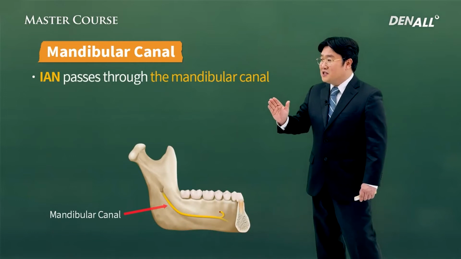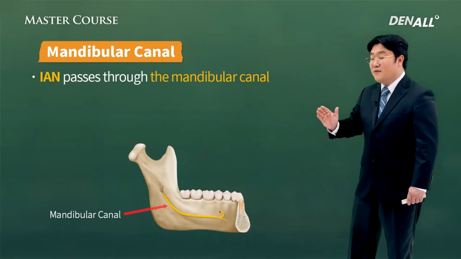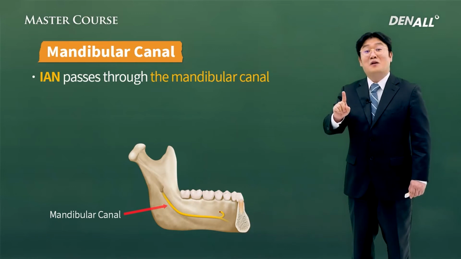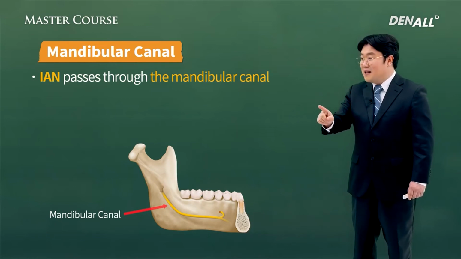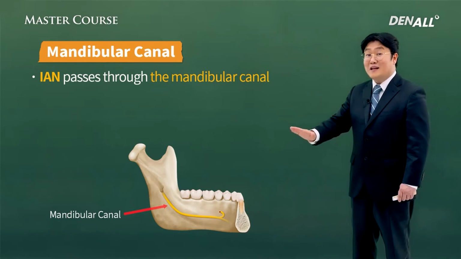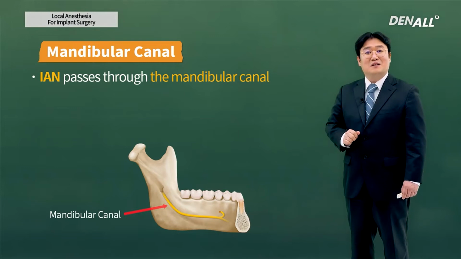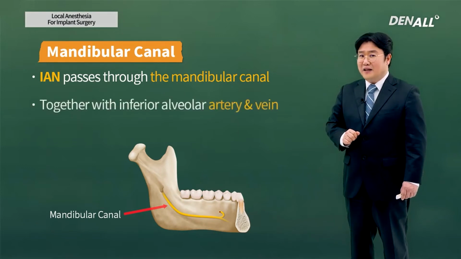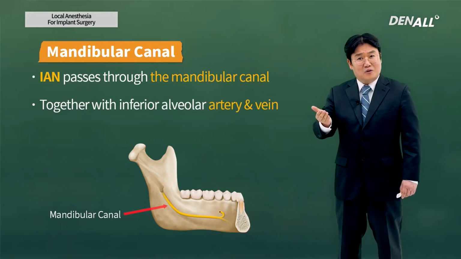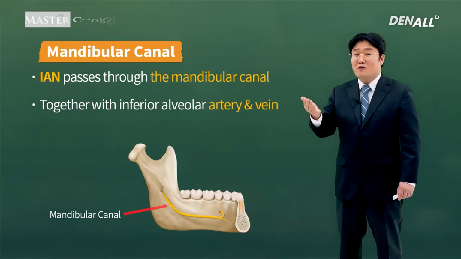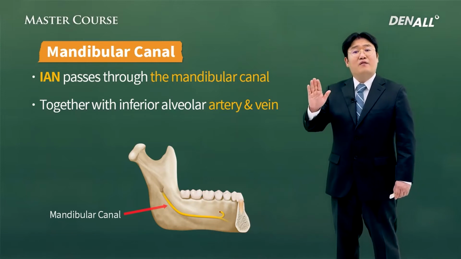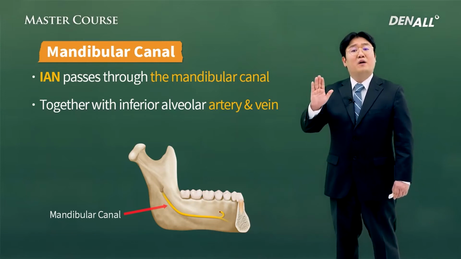As implants go into the area with missing teeth, the inferior alveolar nerve goes into the lingual mandibular foramen, passes through the mandibular canal, and comes out from the buccal mental foramen. By the way, nerves run together with artery and vein generally, so the inferior alveolar nerve runs with the inferior alveolar artery and vein.